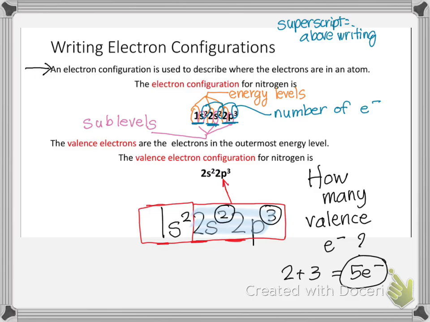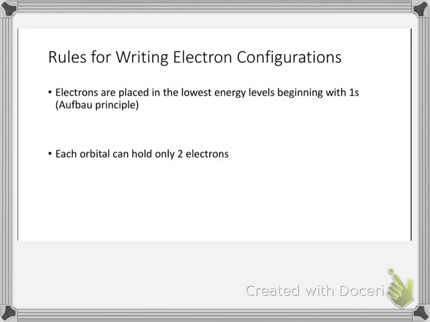Now, I want to show you how to write electron configurations using the periodic table. We have to first think of a few things. There are a few principles. One's called the Aufbau principle, which simply means that electrons will fill from the lowest energy to the highest energy.